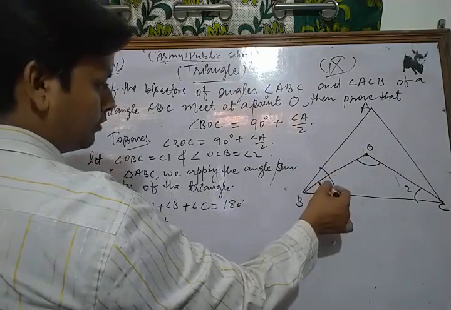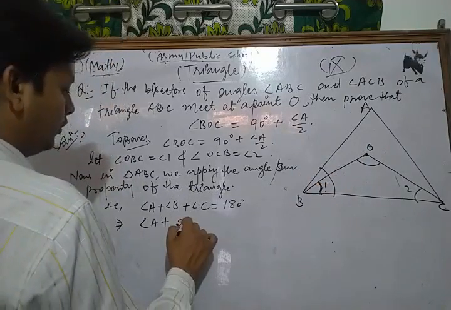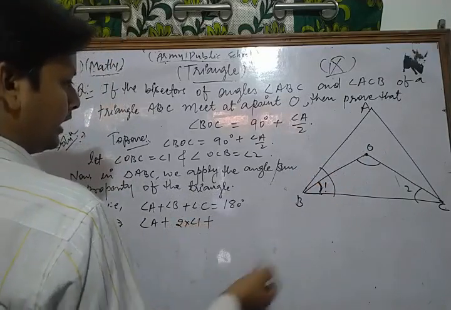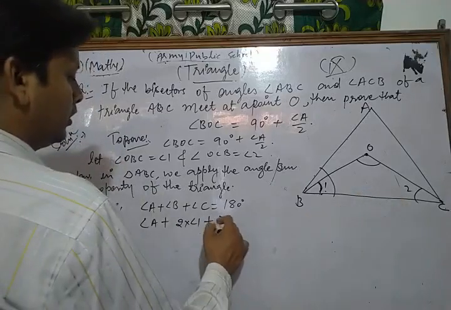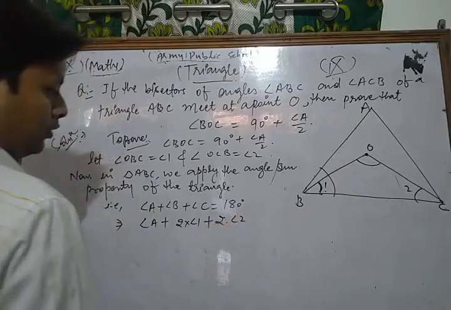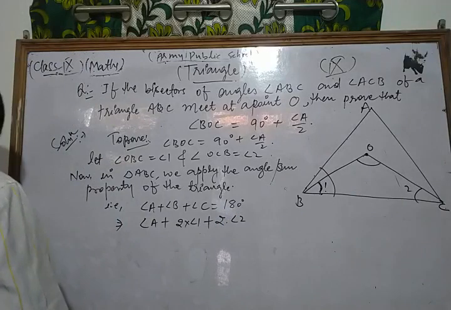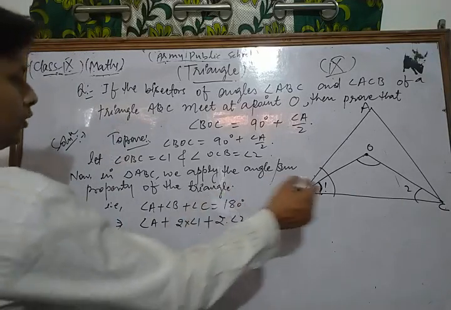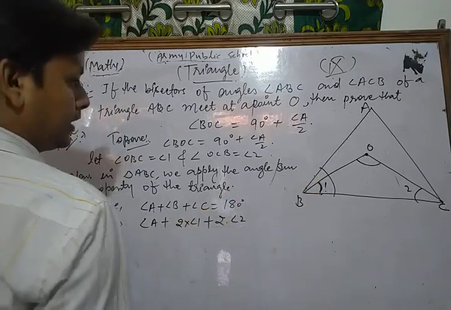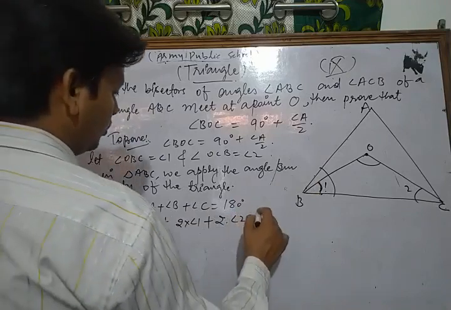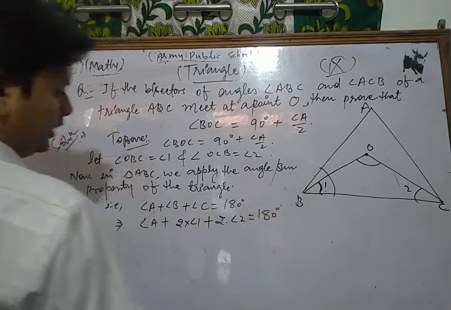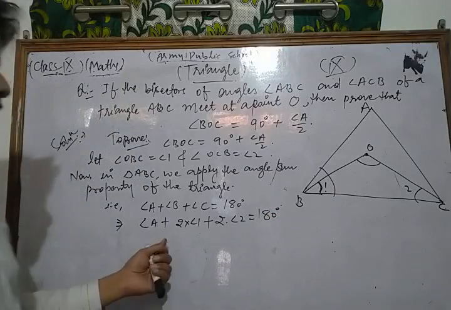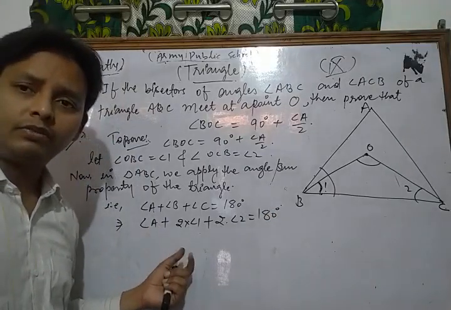Similarly, angle C is 2 times angle 2, because OC is the bisector. So angle A plus 2 times angle 1 plus 2 times angle 2 is equal to 180 degrees.